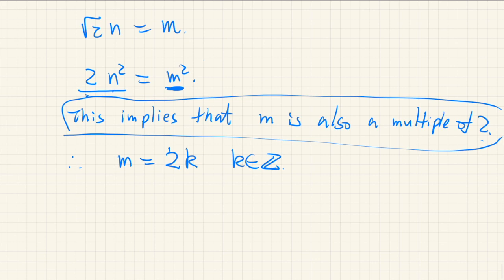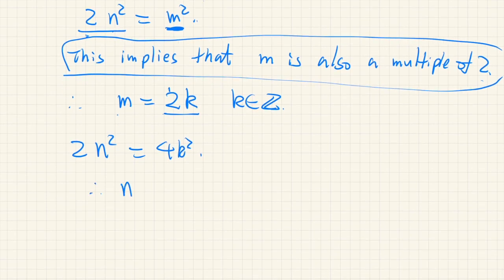Now, if we substitute this m equals 2k into this, then we have 2n squared is equal to (2k) squared, that is 4k squared. Therefore, we have n squared is equal to 2k squared.